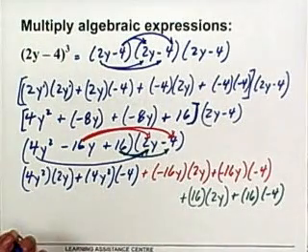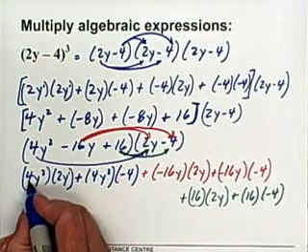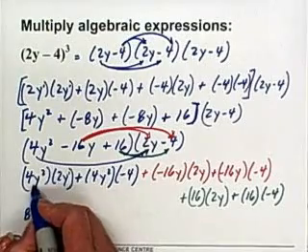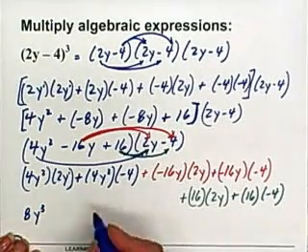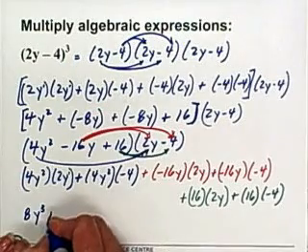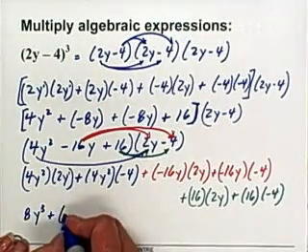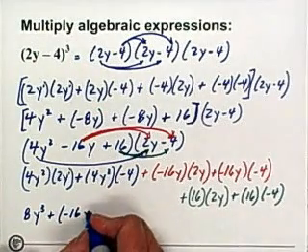4y squared times 2y. Don't forget this is y to the 1. This becomes 4 times 2 is an 8. Y squared times y to the 1 is y cubed. And I'm going to add, I have 4 times minus 4, which is a minus 16, and y squared.